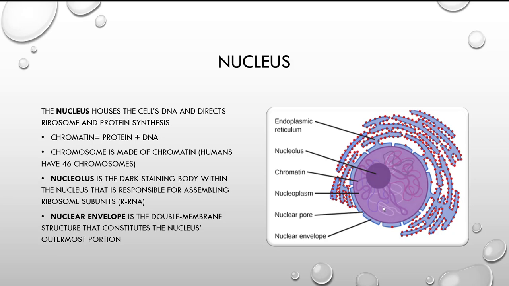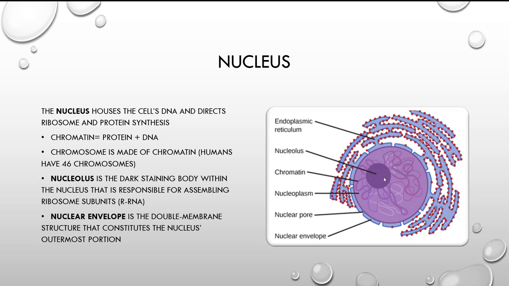All right. If you take a look at the center of our nucleus, you see this dark purple splotch, and that is called the nucleolus. Okay, so the nucleolus basically contains the ribosomal subunits. Okay, so remember, ribosomes are little protein factories.